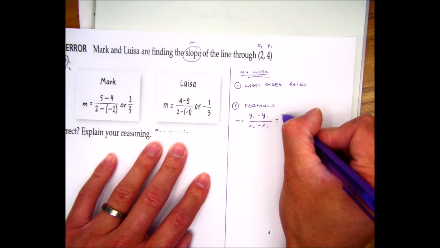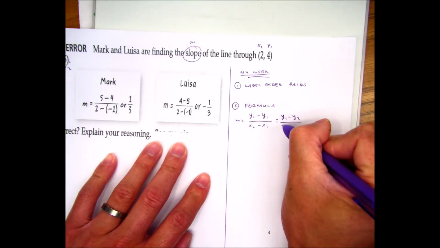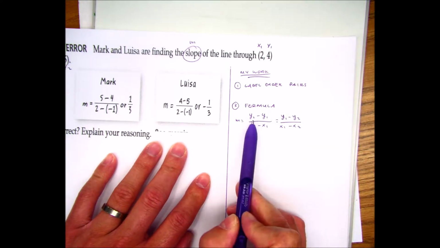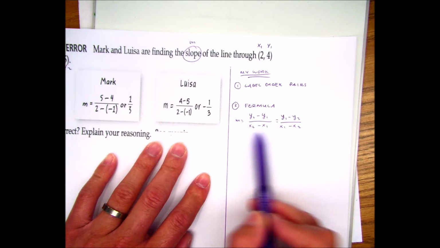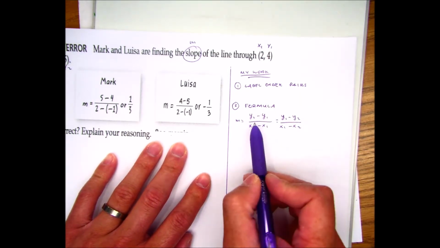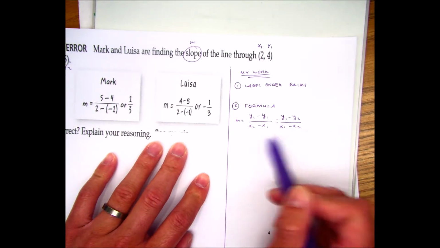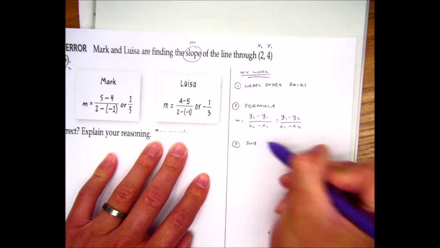You can write the ones first. Notice the y's are on top. You can pick either, and you can have the 2's first, then the 1's, or the 1's first, then the 2's, but you can't mix them up.